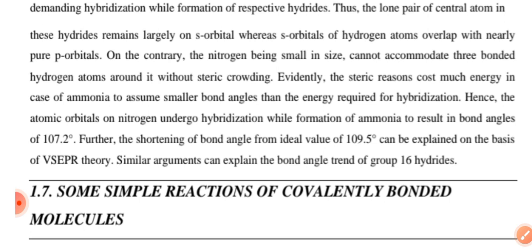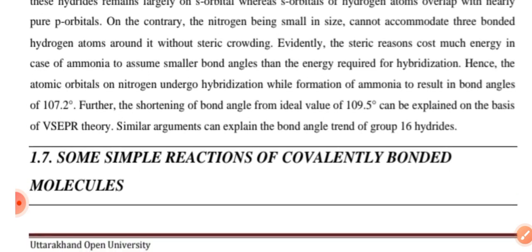On the contrary, nitrogen, being small in size, cannot accommodate three bonded hydrogen atoms around it without steric crowding. Evidently, the steric reasons cost much energy in the case of ammonia to assume smaller bond angles, more than the energy required for hybridization.